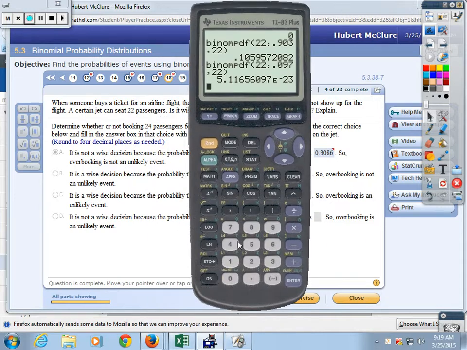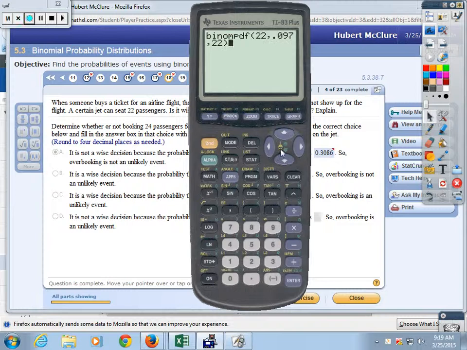Unless second function entry, change this to 23, put that as what is it, 0.903, and change that to 22, and that would give us that.